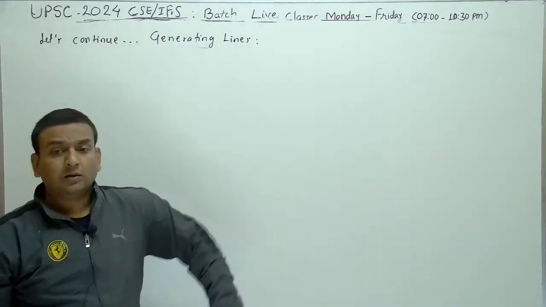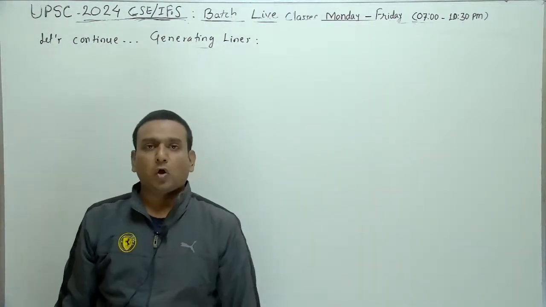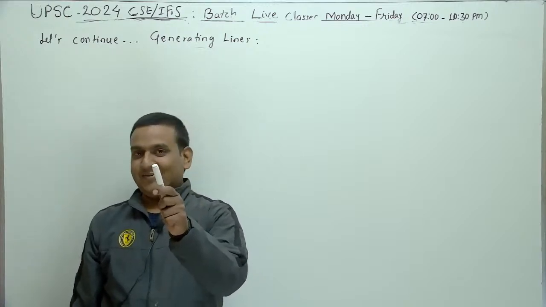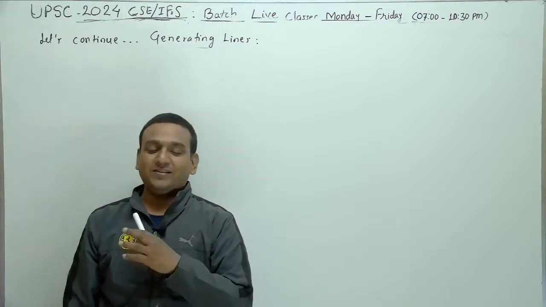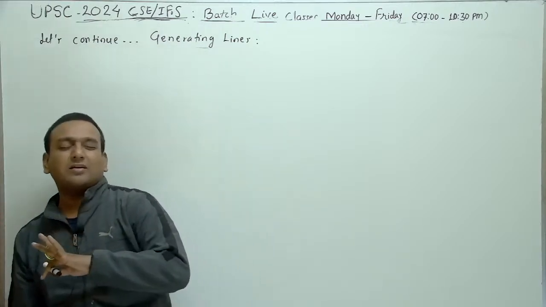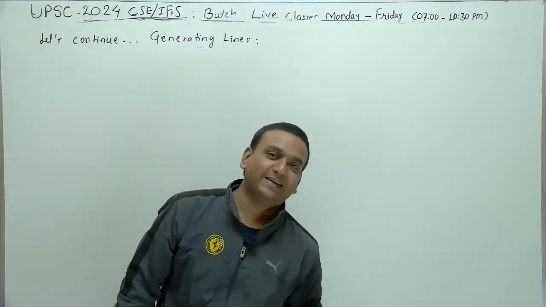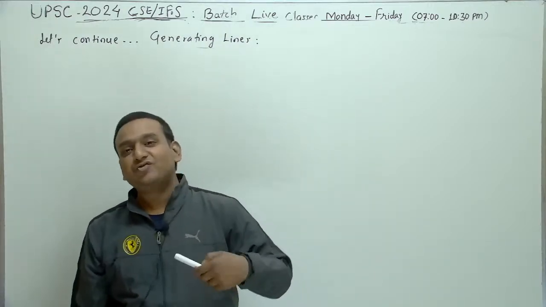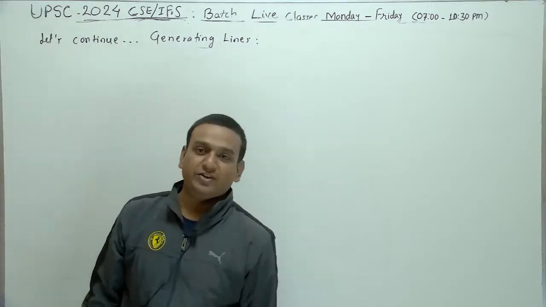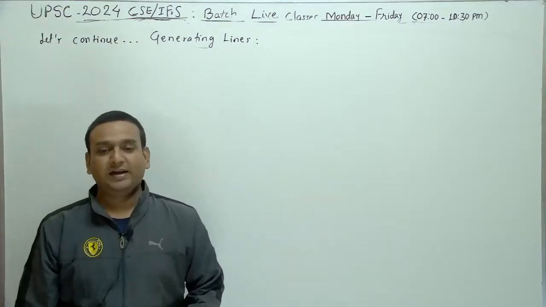चलिए, so let's do few problems for generating lines now. वैसे तो things is like crystal clear for us, right? How to write in general, how to use the definition for generating lines.